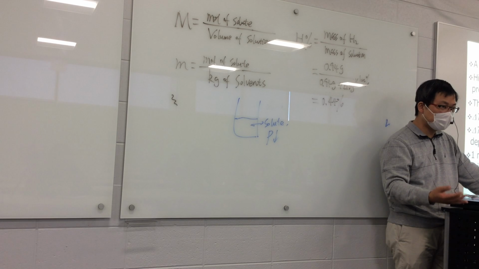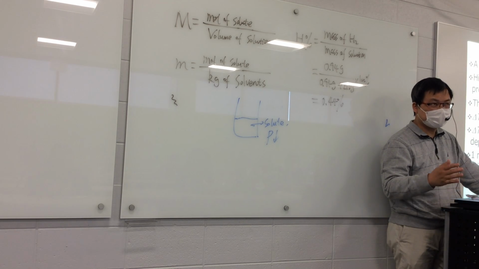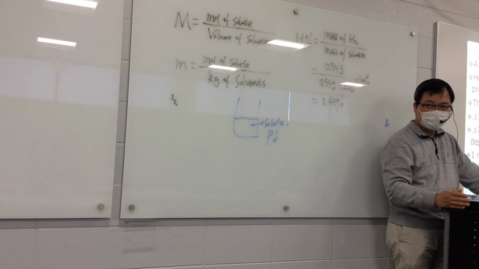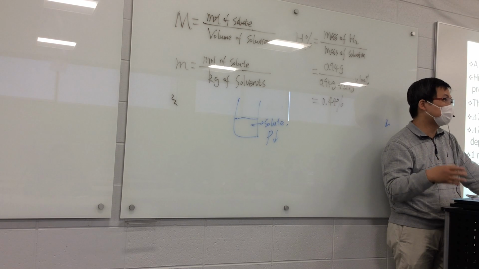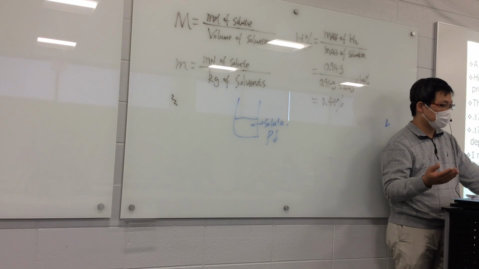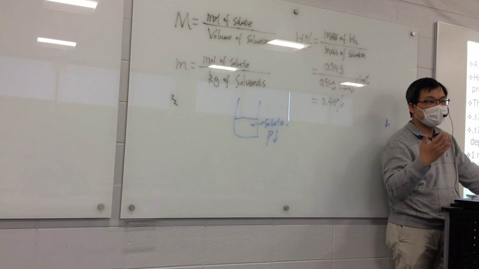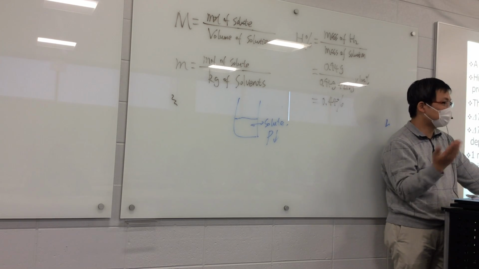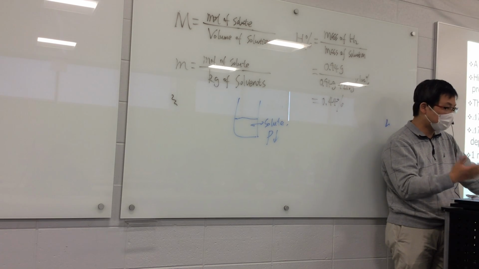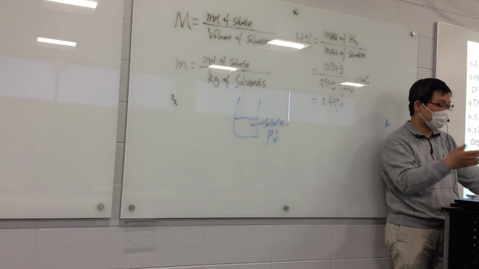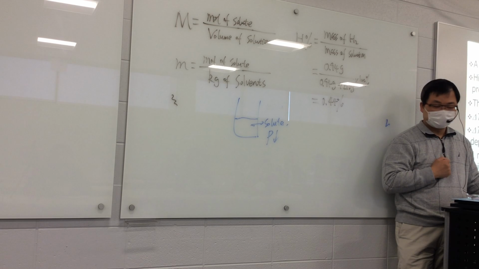This kind of property is not a colligative property, because acidity, basicity, and all these things depend on what? Depend on their identity. But for colligative properties, they only depend on their concentration, not the identity. Regardless of which solutes you use, as long as you have the same molality, then you have the same boiling point elevation. Okay.